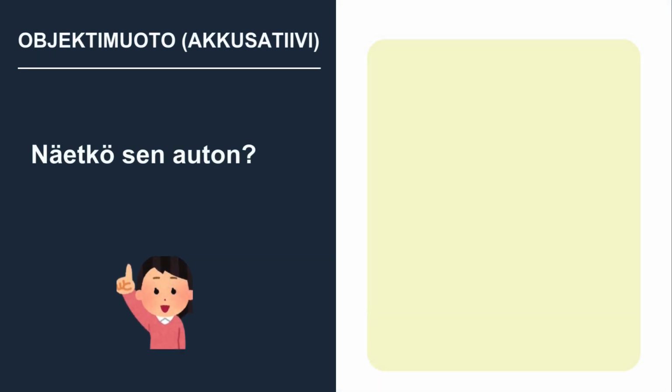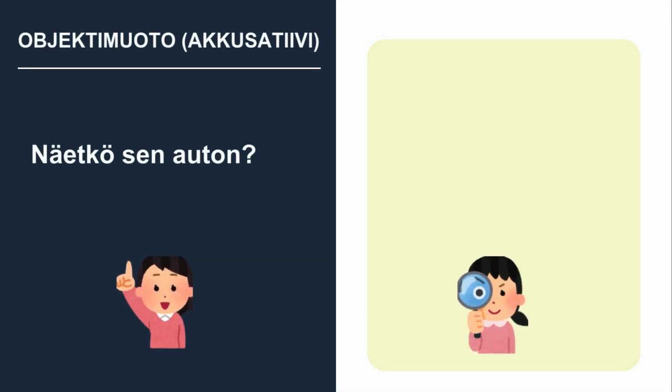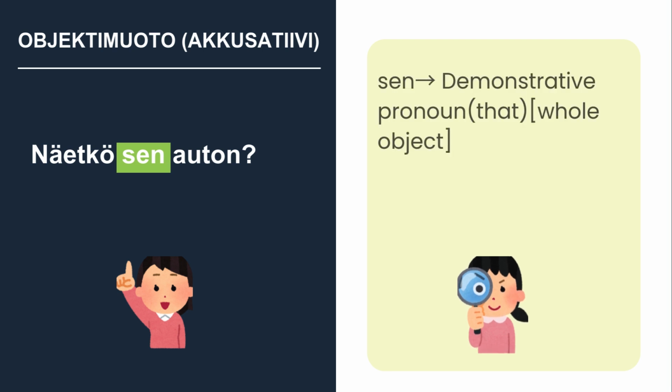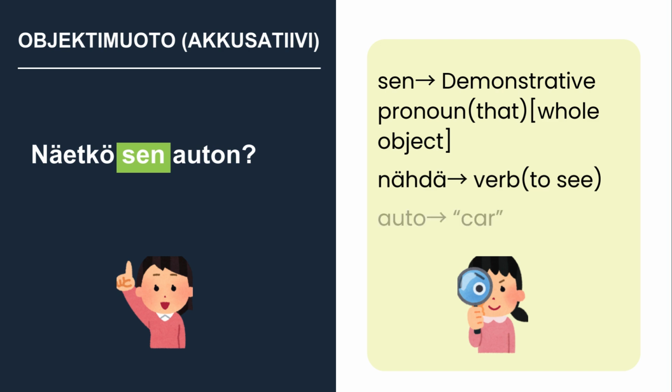Näetkö sen auton? Here, sen is a demonstrative pronoun which means that. Näetkö? Do you see? It comes from the verb nähdä, means to see. Auto means car. So, näetkö sen auton means do you see that car?